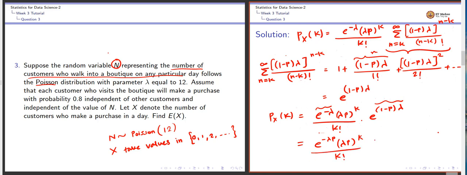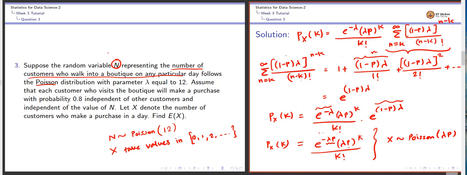So are you able to see this is a familiar distribution, right? This is e to the power minus lambda p, times lambda p to the power k upon k factorial. So it is a Poisson distribution, but the difference here is this is the new average. So you can say that X has a Poisson distribution with parameter lambda into p.